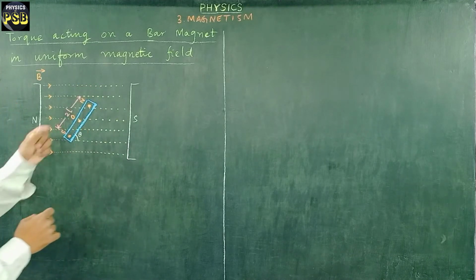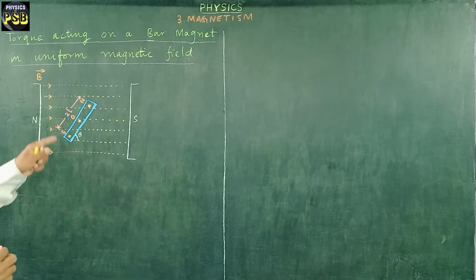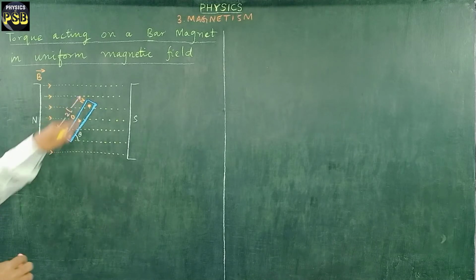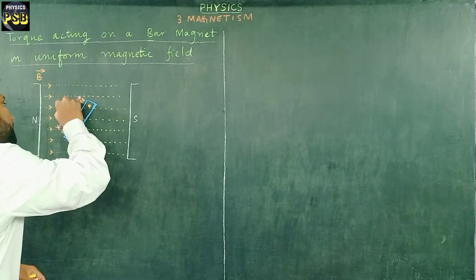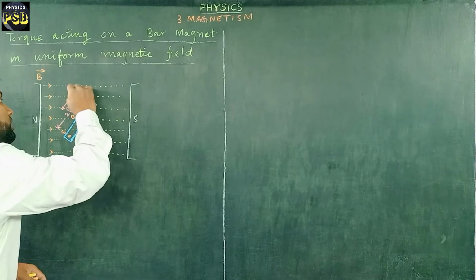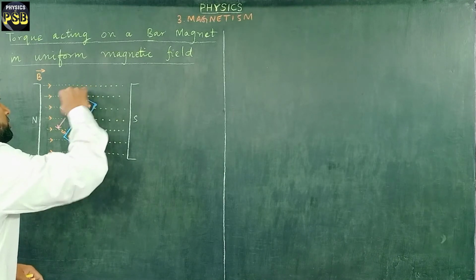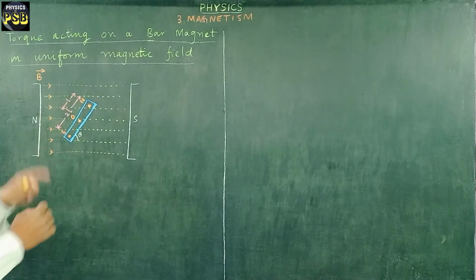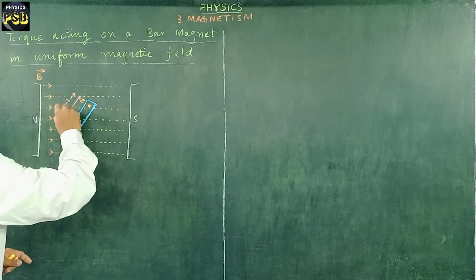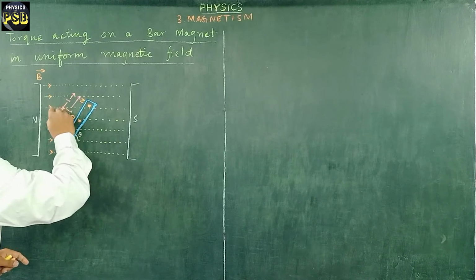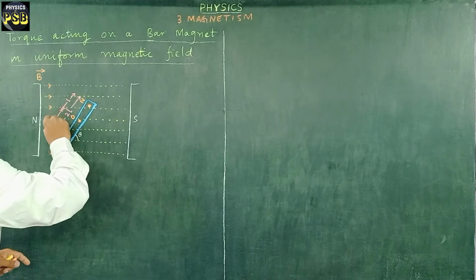The length of the magnet is 2L. If it is so, the distance between O and N will be small l. Similarly, the distance between O and S is nothing but L again.